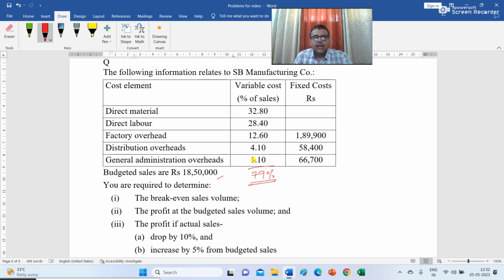It means that if sales is 100 rupees, then your variable cost is 79 and your contribution will be 21, and total fixed cost is 3,15,000. So fixed cost has three elements: factory overhead, distribution overhead, and general administration overhead. So total fixed cost is 3,15,000.